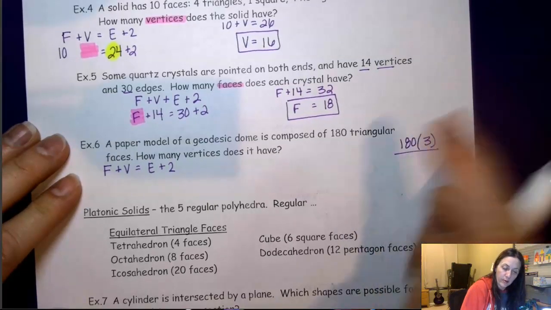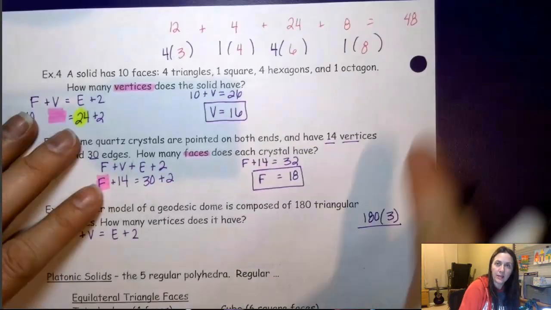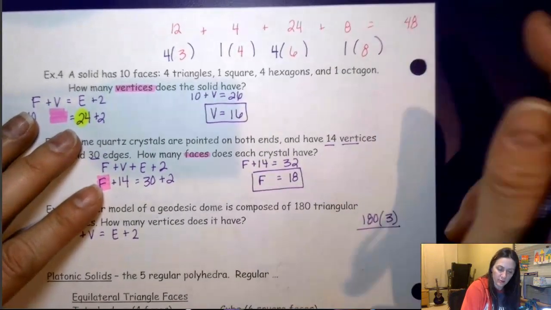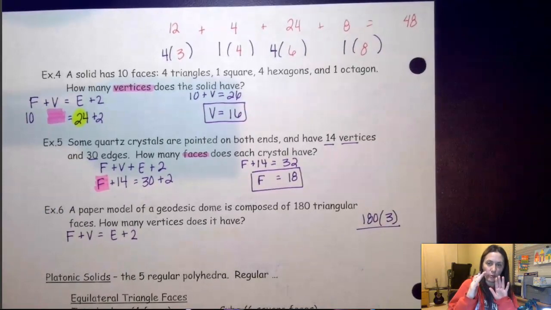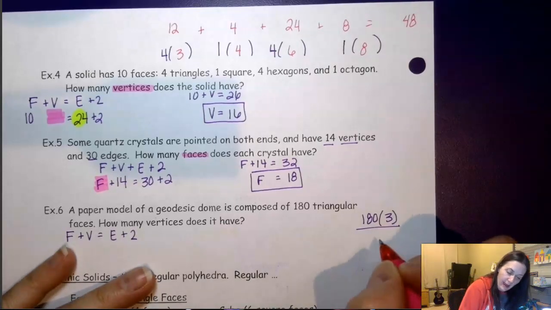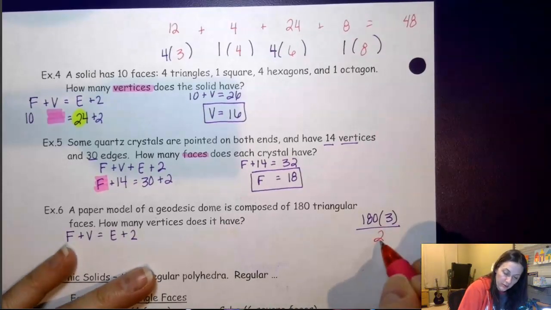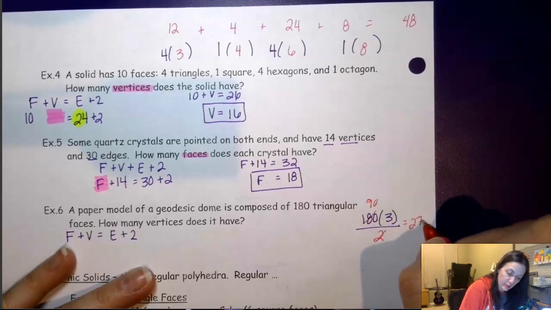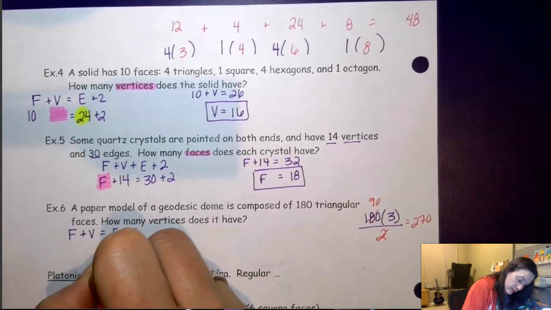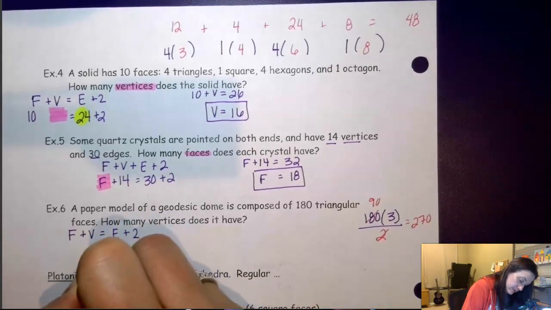Well, remember that if I do that, I'm going to get a number that's bigger than the actual number of edges. If I'm looking for my edges, I know that two faces share one edge. So I'm going to divide this in half. Well, 2 goes into 180, 90 times 3 gives me 270. I have 270 edges.